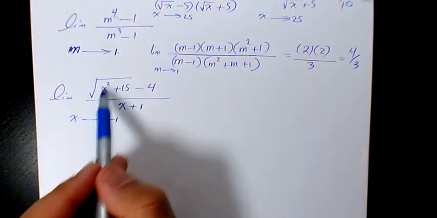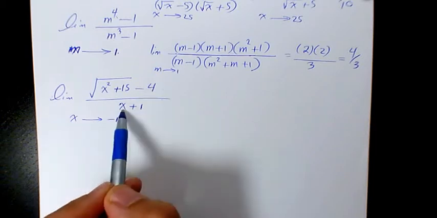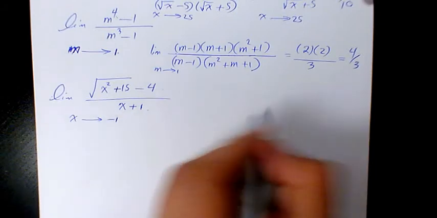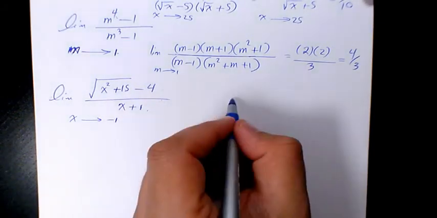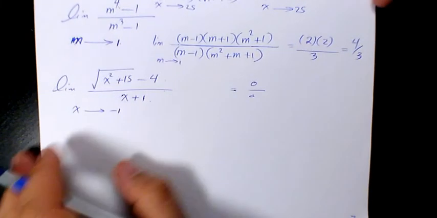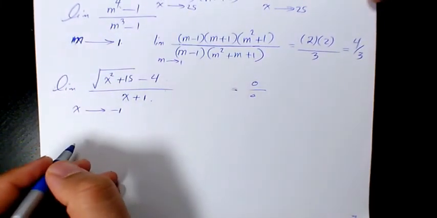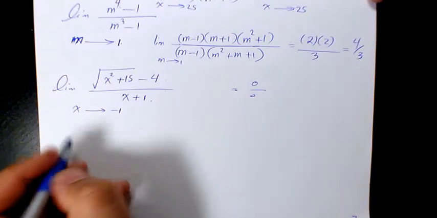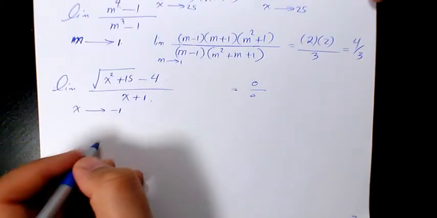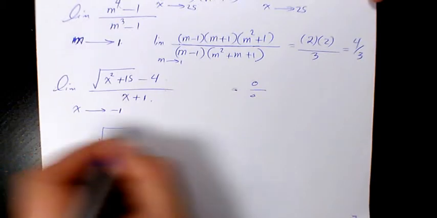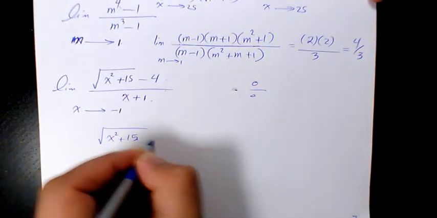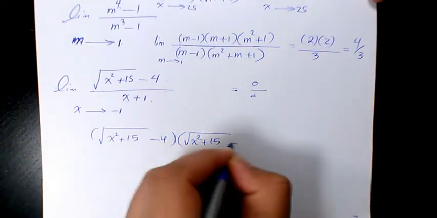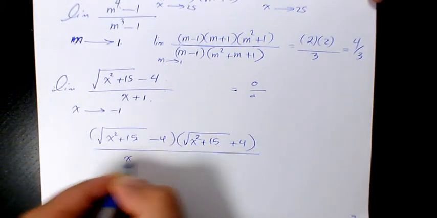Next one is the limit of (square root of x squared plus 15 minus 4) over (x plus 1) when x approaches negative 1. That will be 4 minus 4, which is 0 over 0. So what we need to do, in this example, is multiply by the conjugate: (square root of x squared plus 15 minus 4) times (square root of x squared plus 15 plus 4) over (x plus 1).